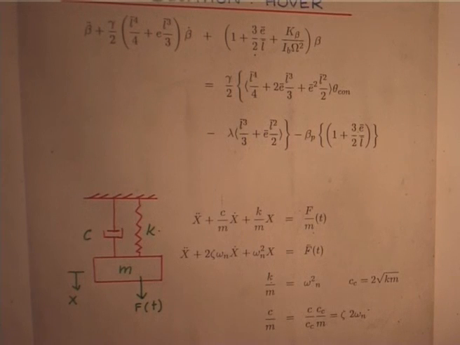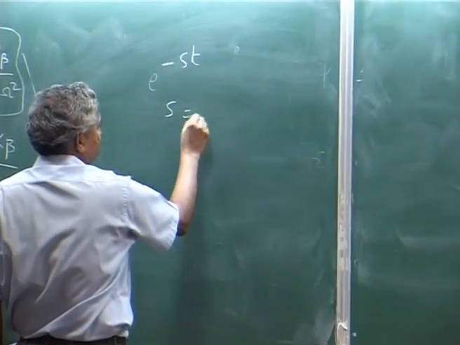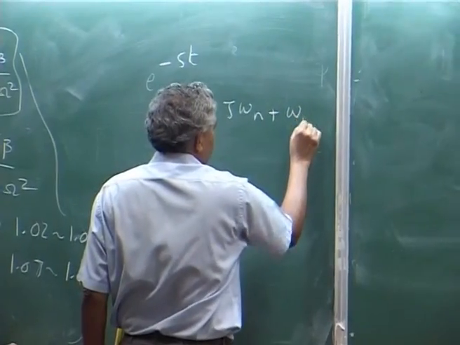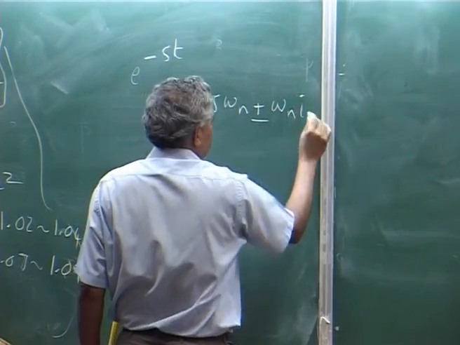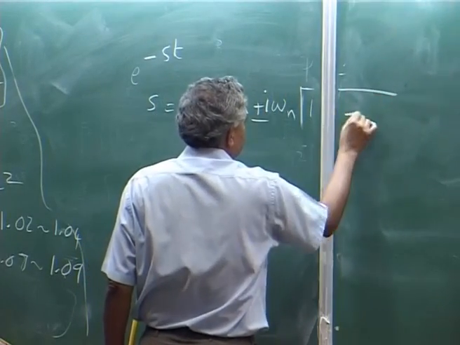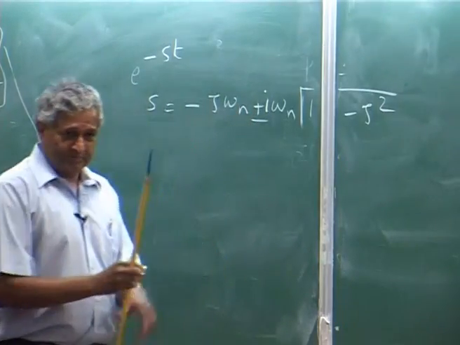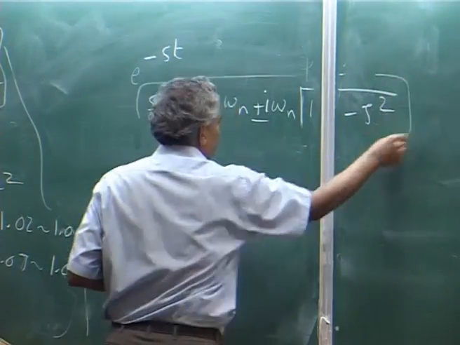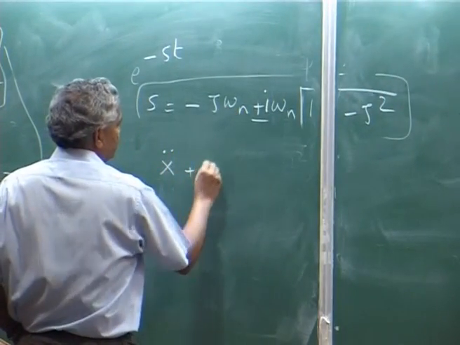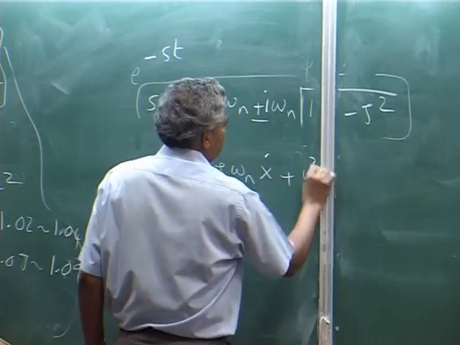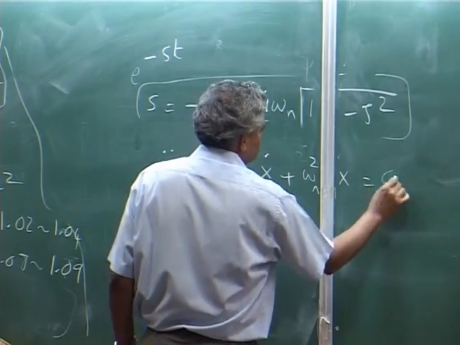You will write e to the power s t, and you will write s as minus zeta omega n plus or minus i omega n root of 1 minus zeta square. You are familiar with this, because this is the equation: x double dot plus 2 zeta omega n x dot plus omega n square x is 0.